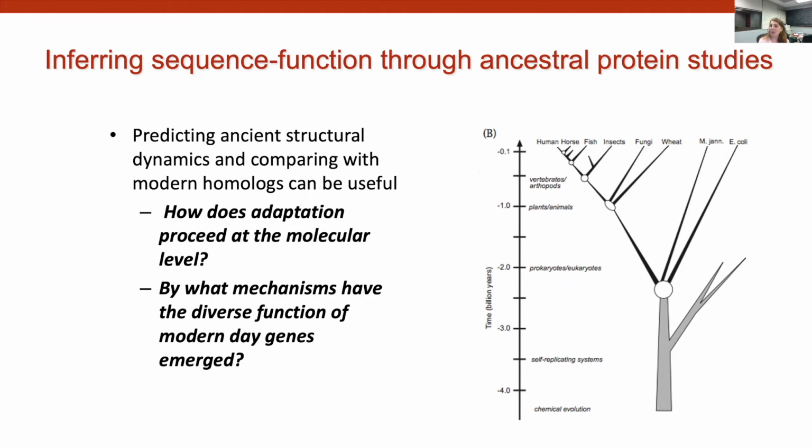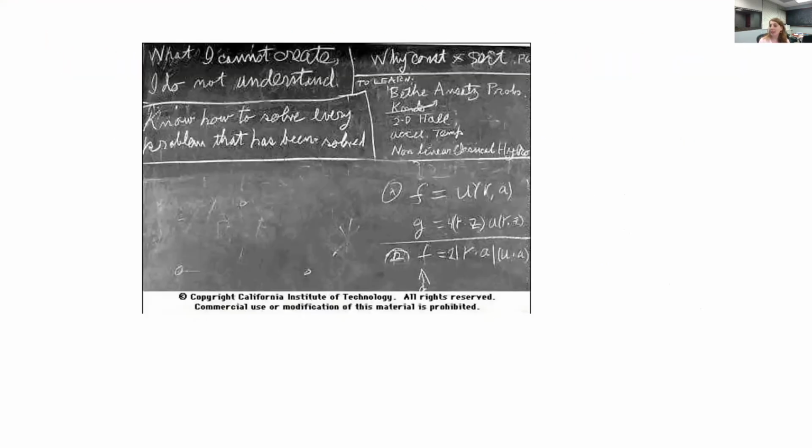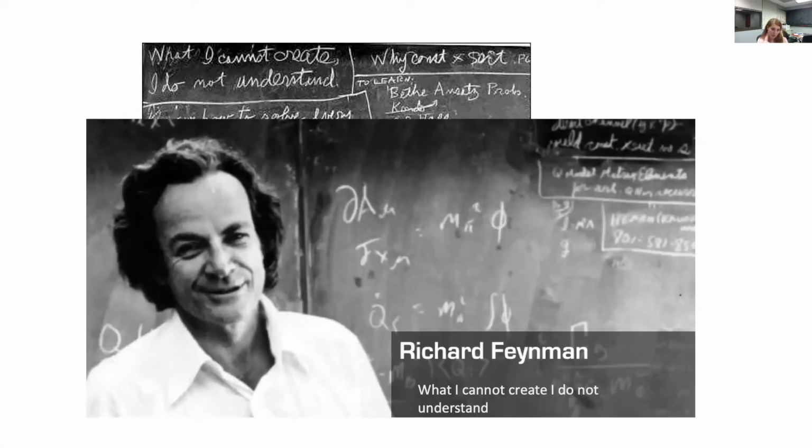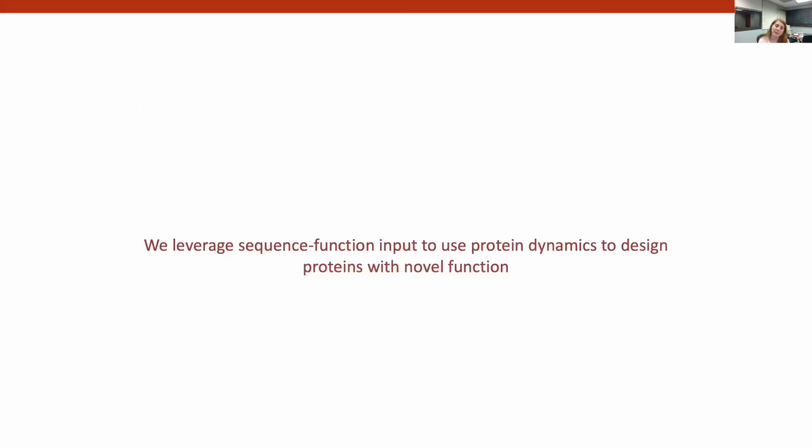And to really understand this, we also start designing novel proteins and novel enzymes. As Richard Feynman said, what I cannot create, I do not understand. So when we understand what's going on at the molecular level, we start making new proteins to really check what we're learning. So we start designing enzymes.